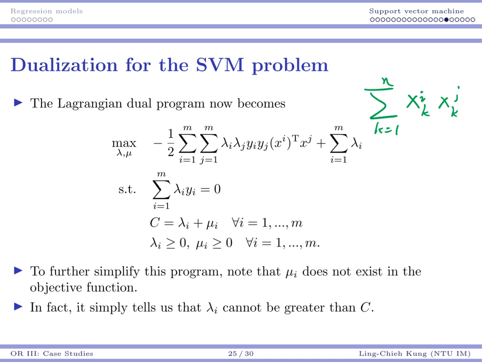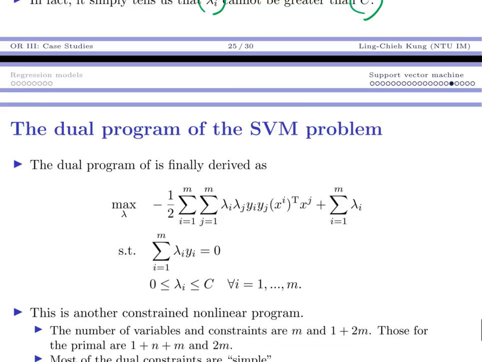Maybe we want to do some more observation and further simplify this program, because you see that mu only exists here and here. What does that mean? That means your mu is only saying that your lambda cannot be greater than c. As long as your lambda is not greater than c, you always have a way to adjust your mu to make this happen.